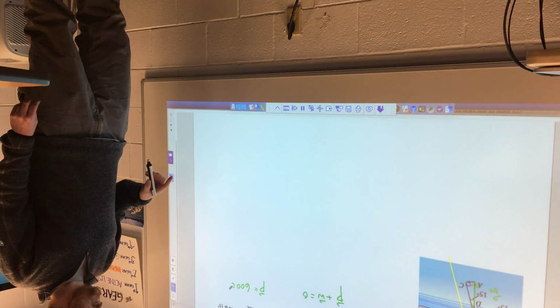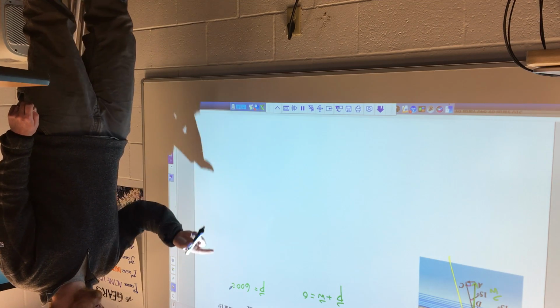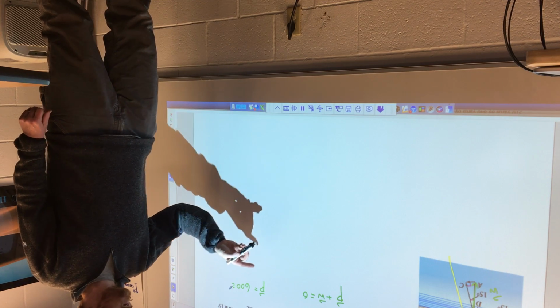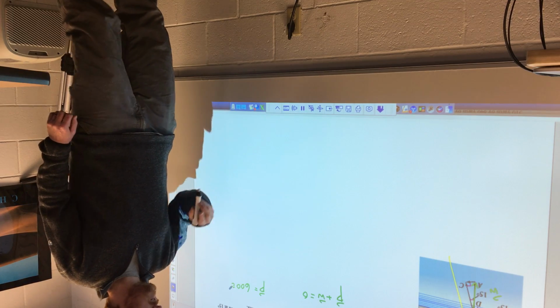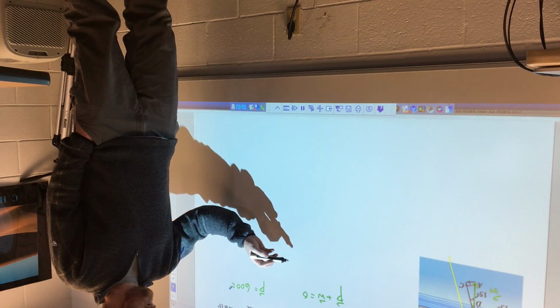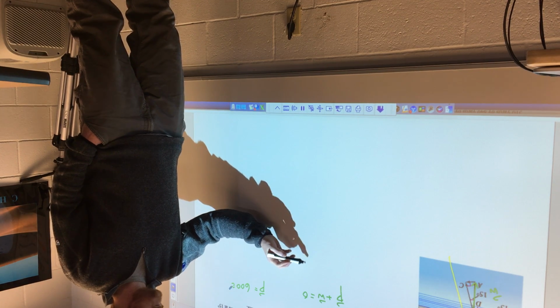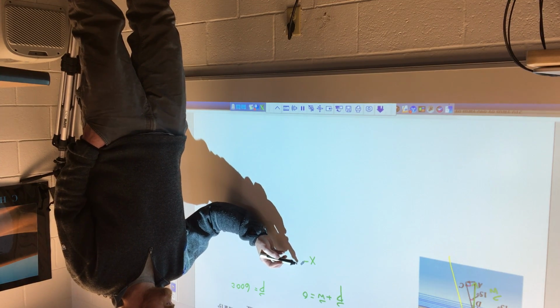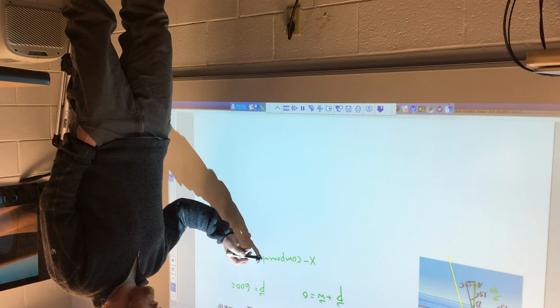Now, for W, this is a good way to look at it. The x components equal 0.